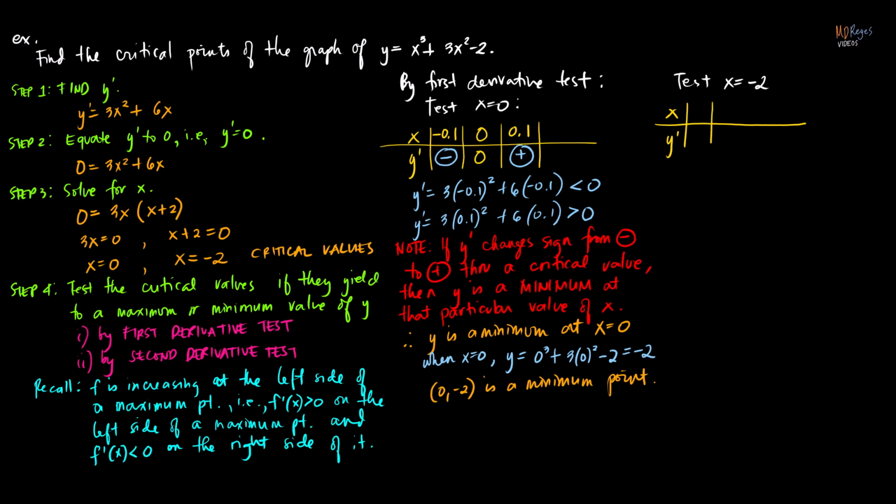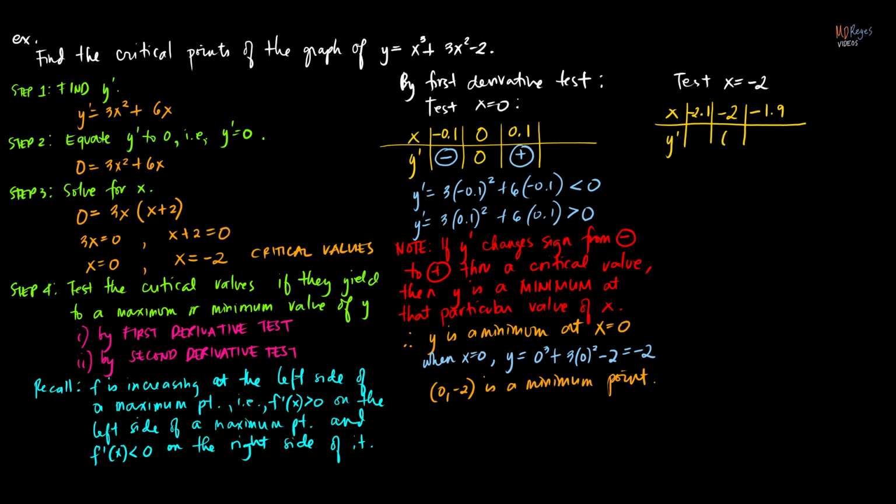And then we have to look for the sign of y prime as x passes through negative 2. So we have to choose values on the right side and on the left side of negative 2. But remember, we have to take some values very close to negative 2. So let's say on the right side, negative 1.9. On the left side, negative 2.1.